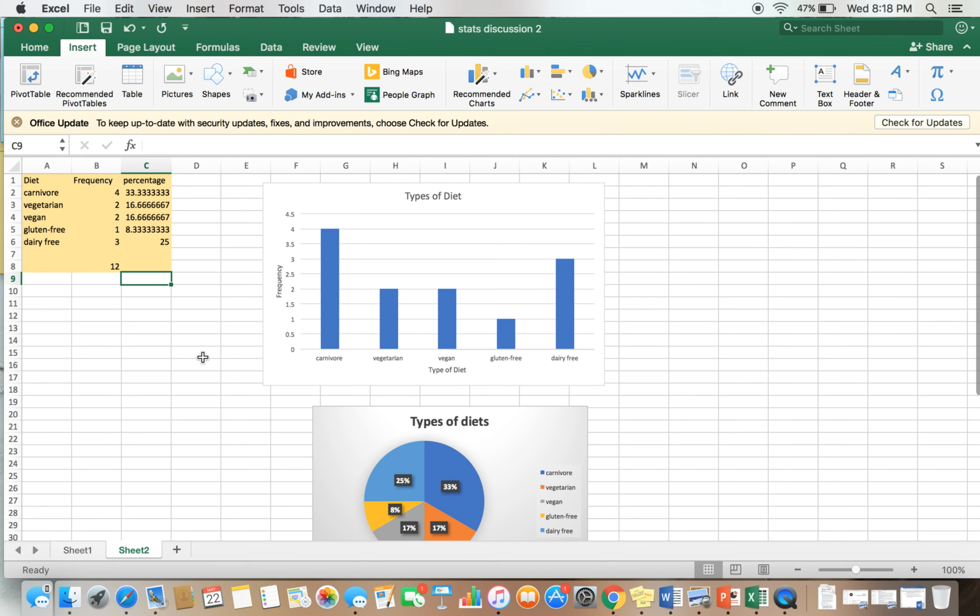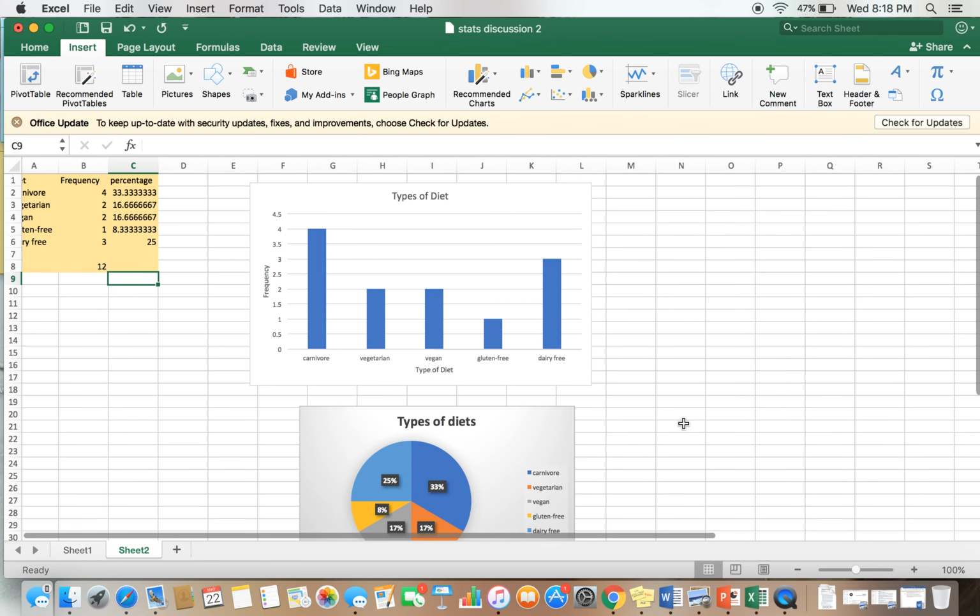So coming into the results and the pros and cons of each different type of chart. So the bar chart, I think the bar chart's really easy to understand, and I really like how it tells you the frequency. The frequency is always going to be on the y-axis, and then the different types of categorical variables are always going to be here on the x-axis. And I think they're very universally understood. Everyone's seen a bar chart and everyone knows kind of how they work.